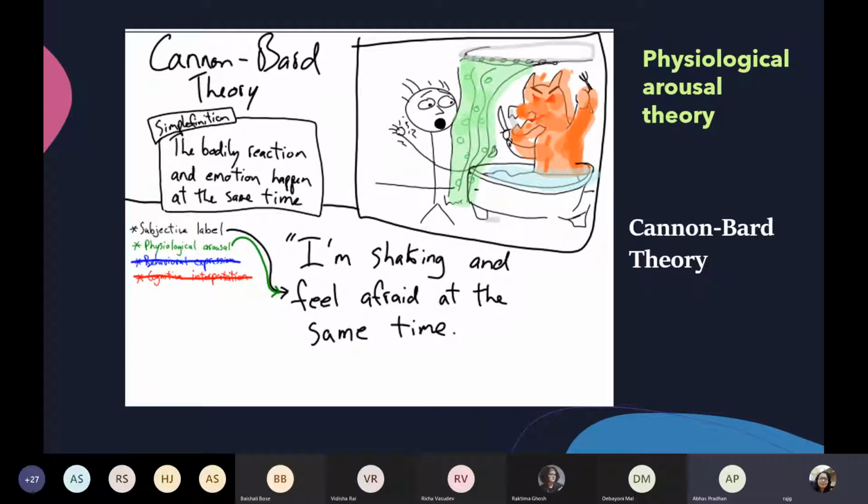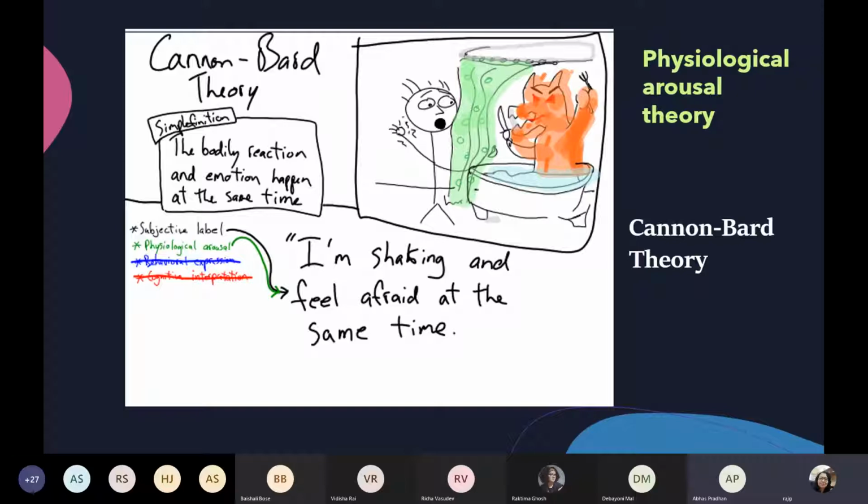These two people were physiologists, and they said that the physiological arousal and the subjective labeling happen at the same time. So there's one pathway that is going to the frontal area of the brain saying, this is a scary situation, and there's another pathway that is going to the physiological places, and the bodily reactions take place.